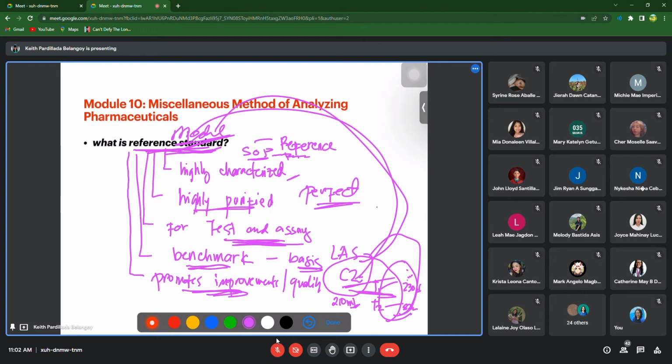So meaning, it has no impurity, everything was made exactly right. And the rest of the products could also be perfect, no? Because if they achieved the perfection of the reference standard, then all the products are perfect. However, the reference standard stays only in the laboratory. That is why it is your basis. Okay?